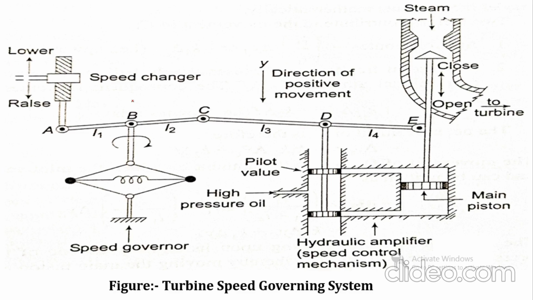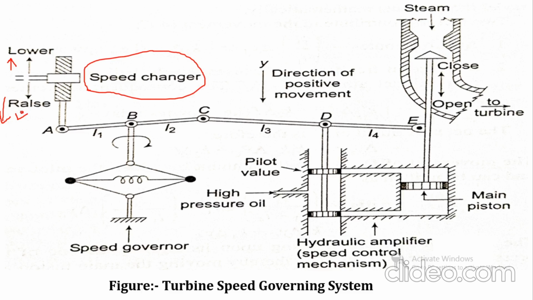This is the first part, that is the speed changer. It has two operations, lower speed mode and upper speed mode. If we want to increase the speed, then we operate the speed changer in the lower direction. In the lower direction it will provide the power output setting for the turbine.